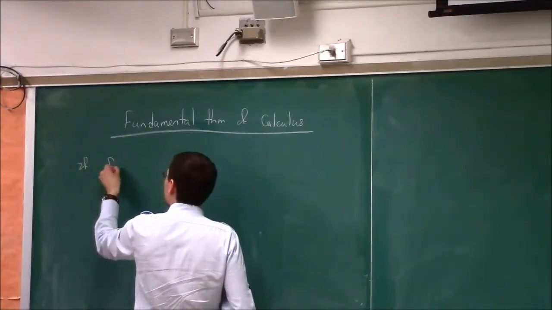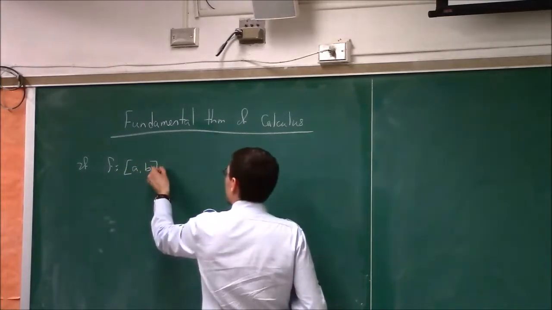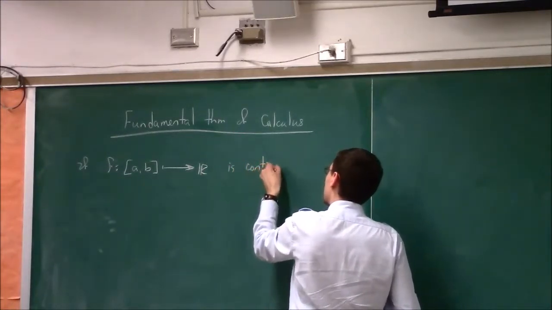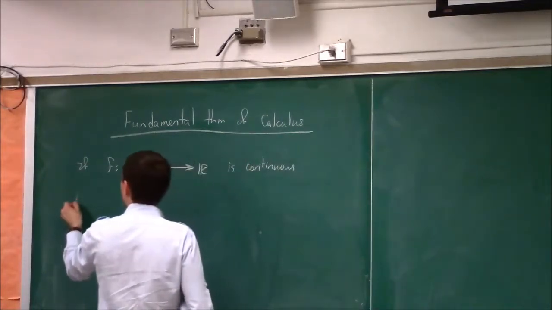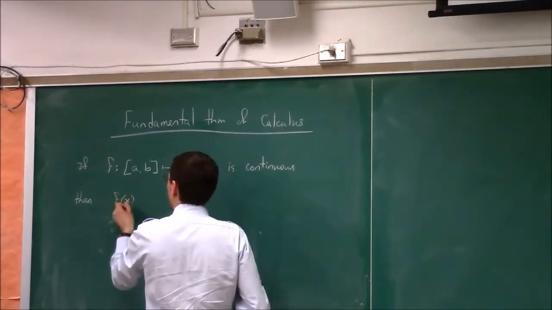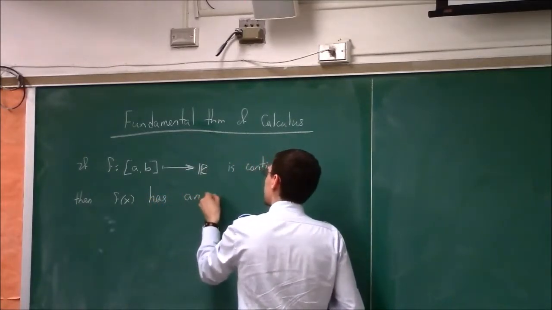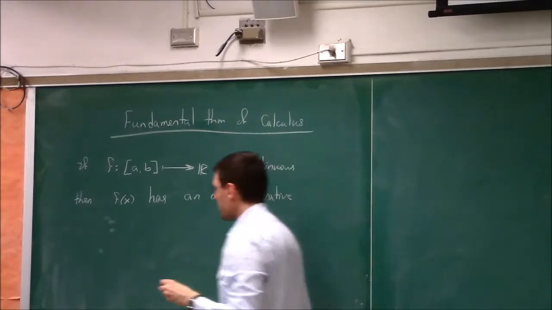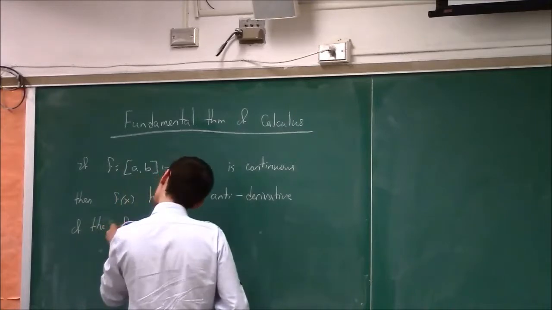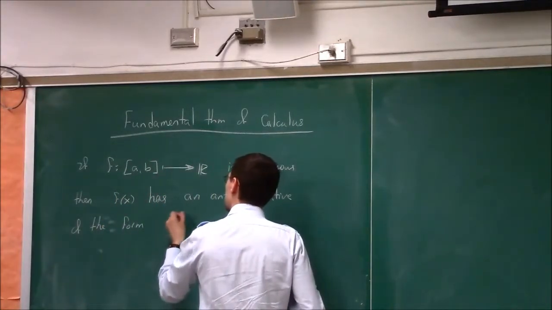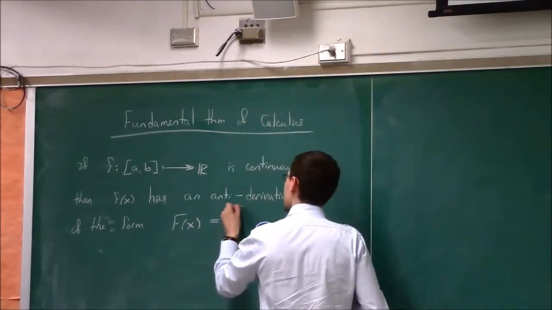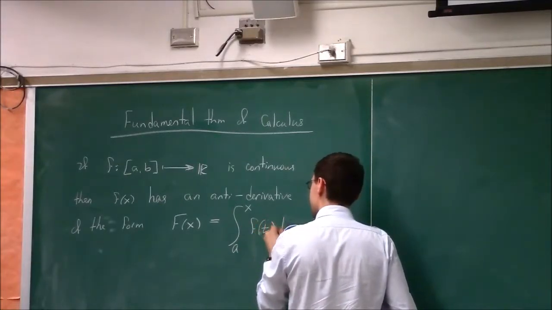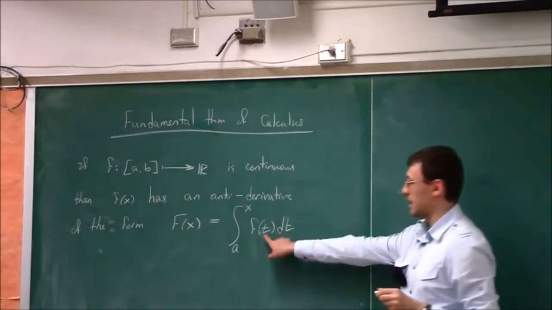If f is defined on the interval [a, b] to R and is continuous, then f of x has an antiderivative of the form capital F of x equal to the integral from a to x of f of t dt. Now this t is what you call a dummy variable.